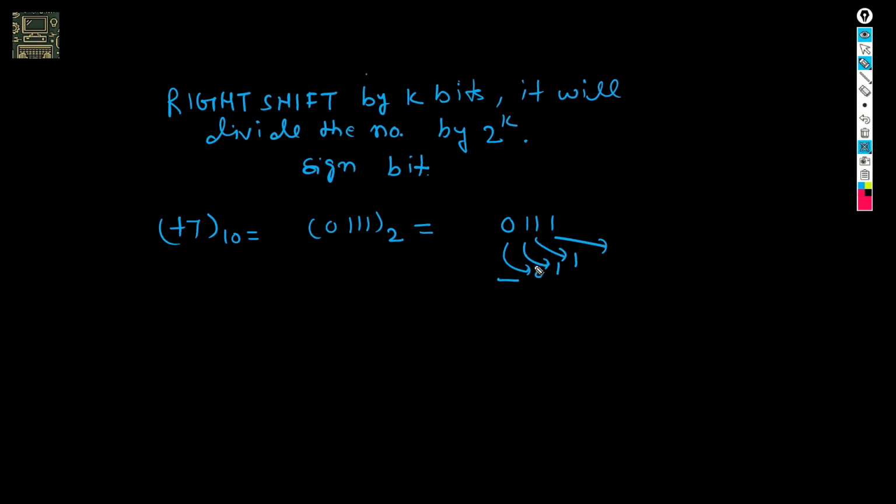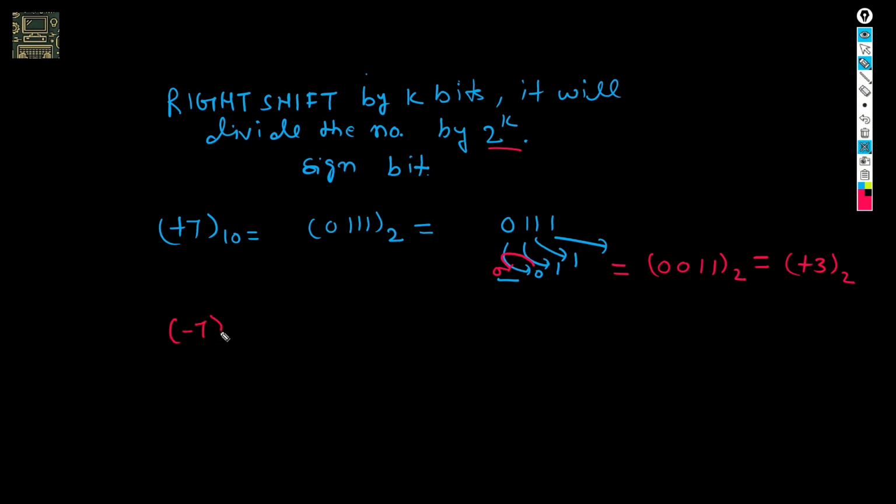This vacant position will be filled with the sign bit, which is 0. So my number will be 0011, which is nothing but plus 3. So when we shift the number by 1 bit, it will divide the number by 2. If I shift by k bits, it will divide the number by 2 to the power k.